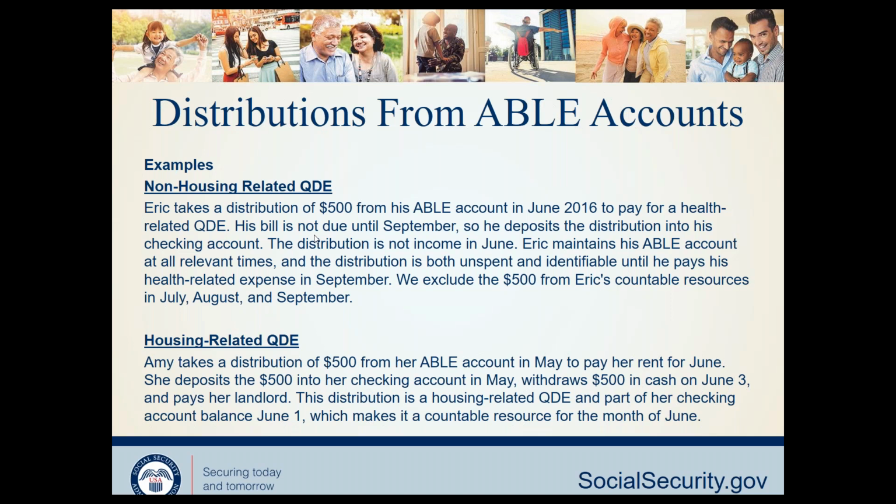It's important to know that they can take that money out now, and as long as they have that as an identifiable expense in the future, and they have some kind of documentation, Social Security is going to say, we're going to mark that on your account. We're going to exclude it as a resource from your bank account. So your bank account doesn't show that you're over that $2,000 limit, and it's excludable.